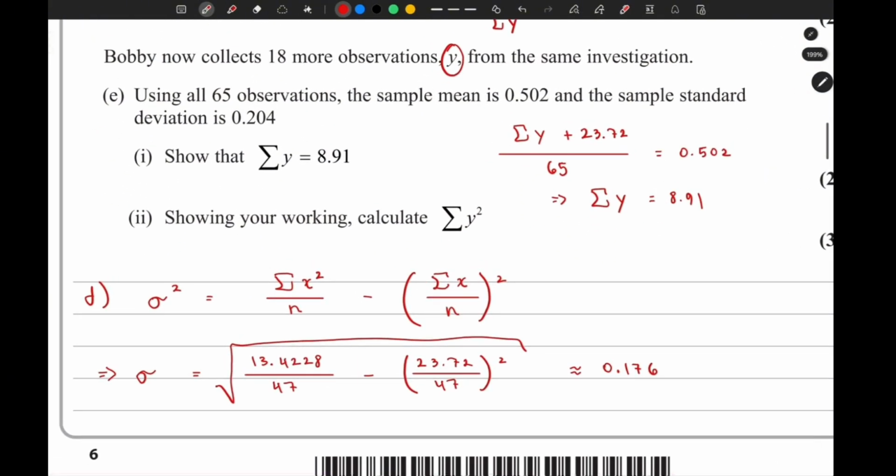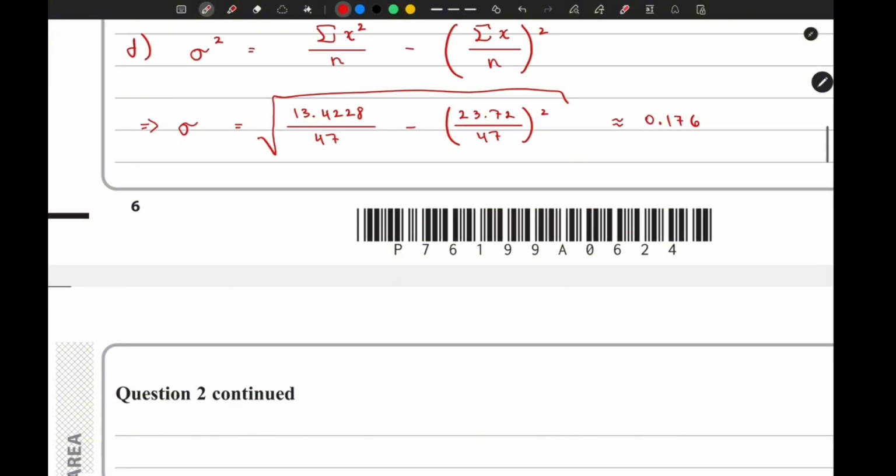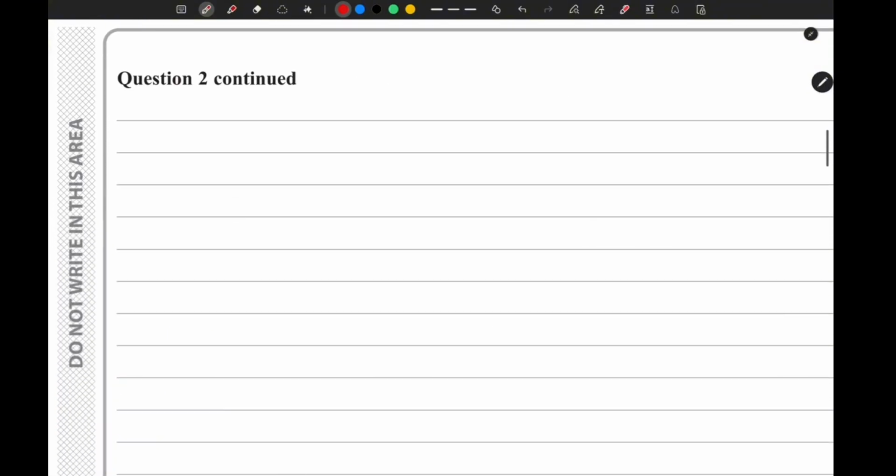Now for the second part, we need to calculate the summation of y squared. For that we need to use the standard deviation. So we know that the variance is equal to the summation of all of the data squared.